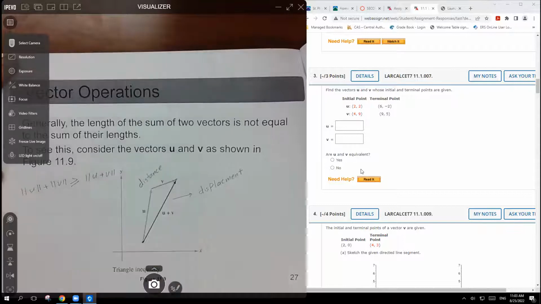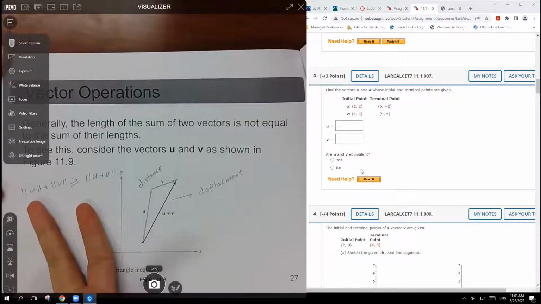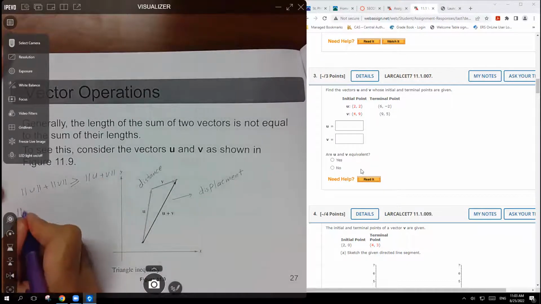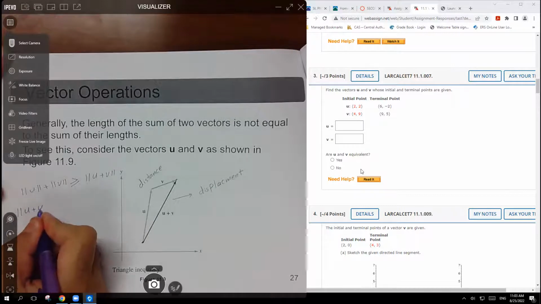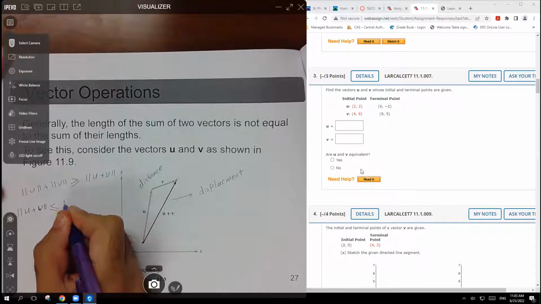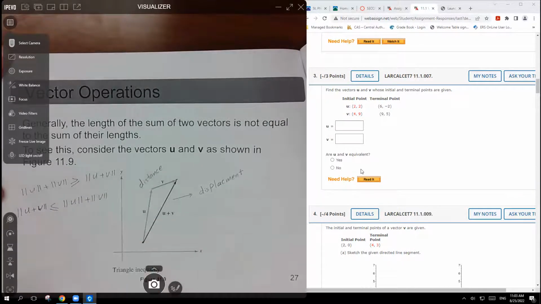Is that right? Distance is greater than displacement, right? Check what I'm going to do. If this one is greater than this one, does that mean the length of u plus v is less than or equal to the length of u plus the length of v? Yes or no?